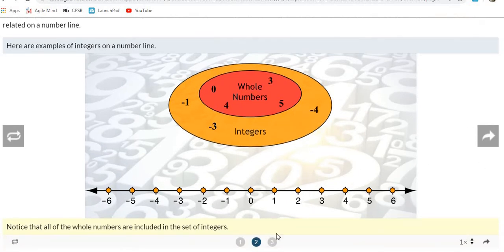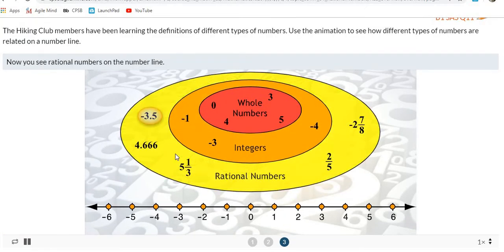Okay. Then we're going to expand that circle. Rational numbers. These are some different rational numbers. Rational numbers can be any of these examples. Could also be any of the integer examples or any of the whole number examples, because it's inside its big circle.